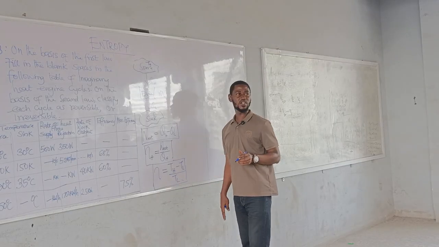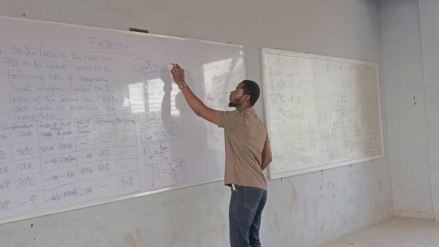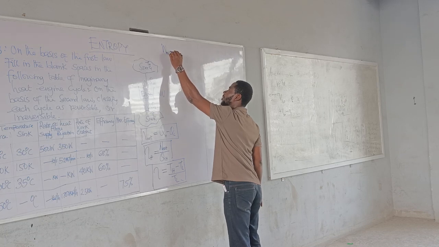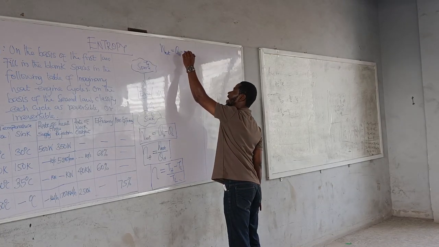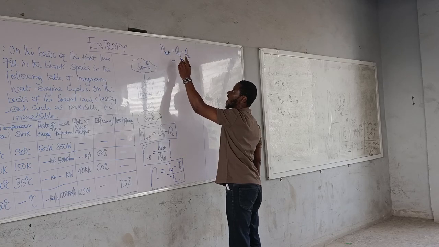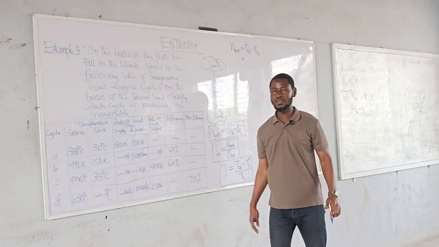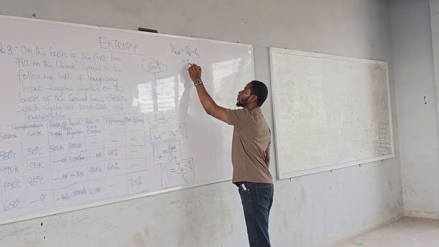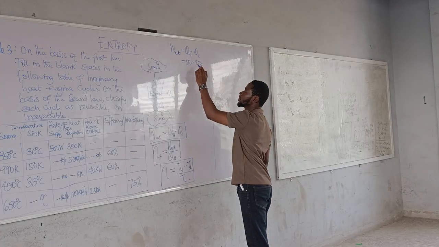Now, from all the expressions that I've given on the board, how are we going to determine this? The rate of work output is given as Q supplied, QH, minus Q rejected, Q loss. Q added to the system is given as 500 watts, and that rejected is given as 350.